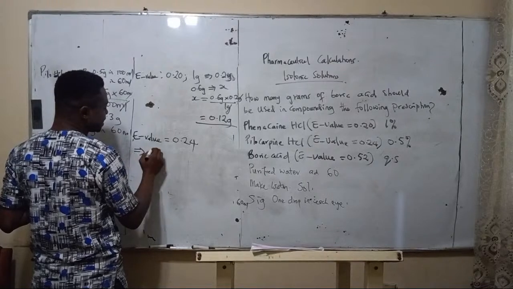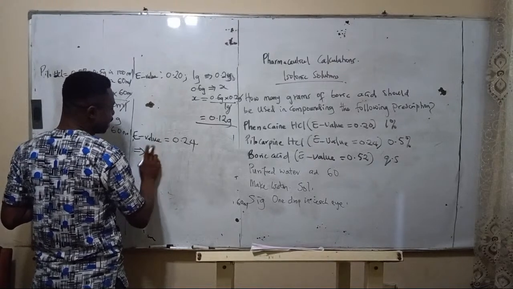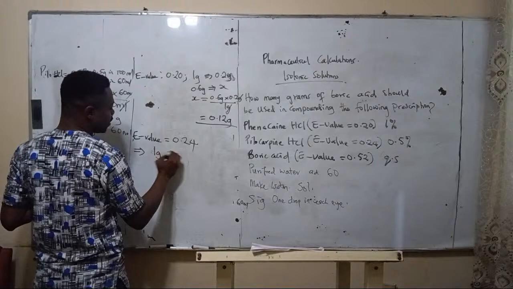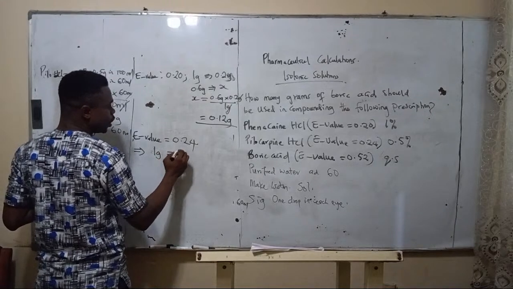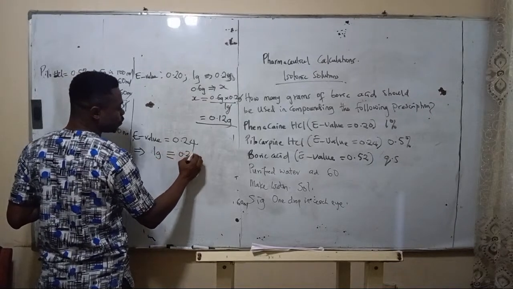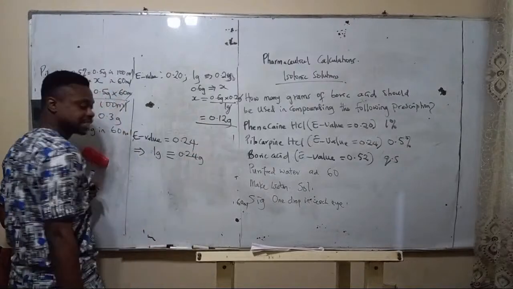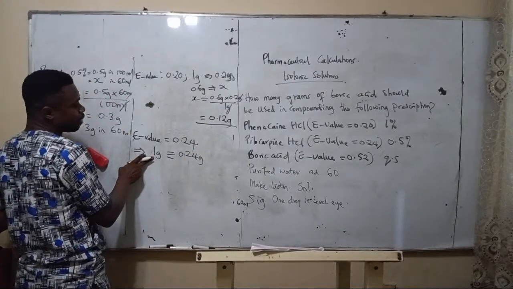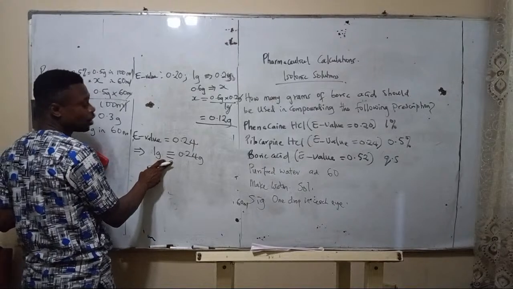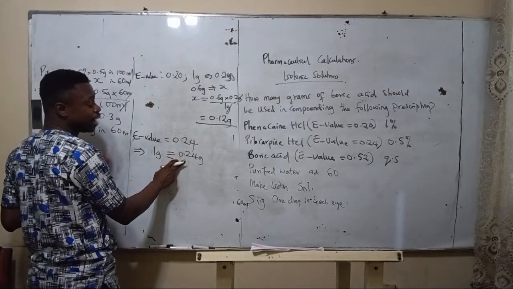What it implies is that 1 gram of pilocarpine hydrochloride has the same tonicity as, or is equivalent to, 0.24 gram of what? Sodium chloride. That's the meaning.